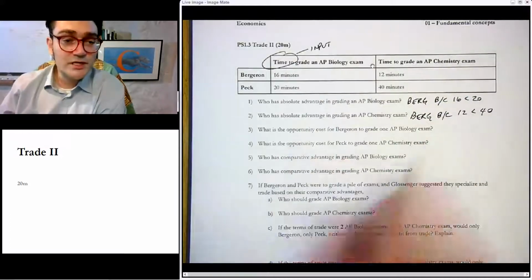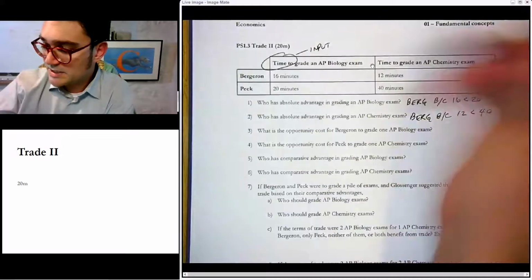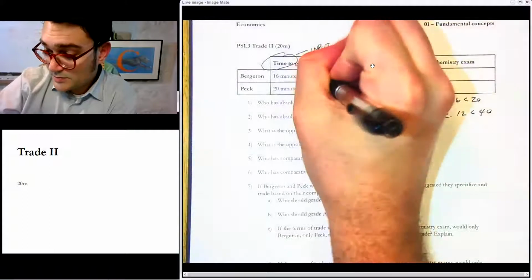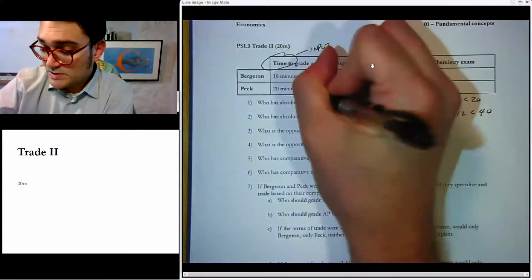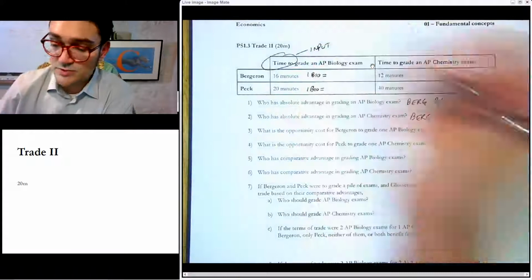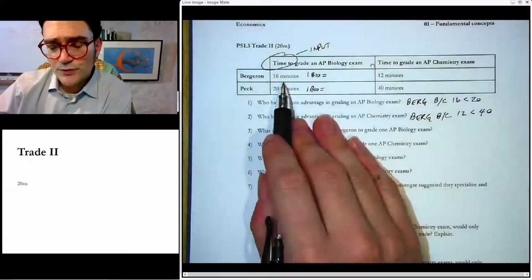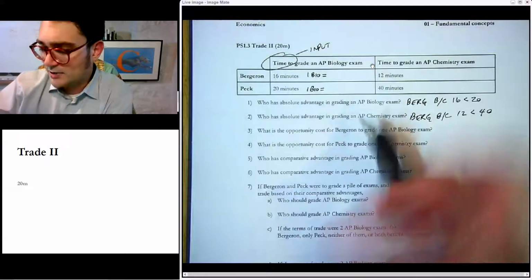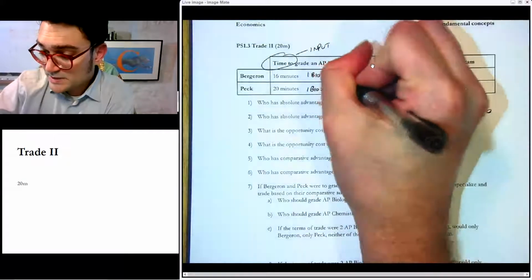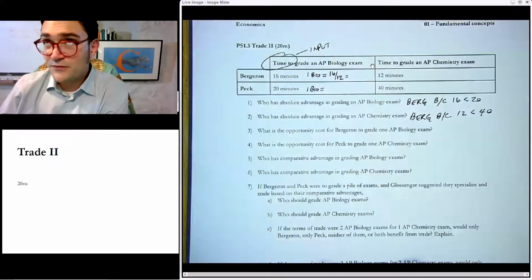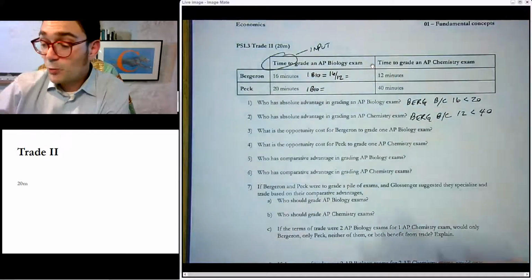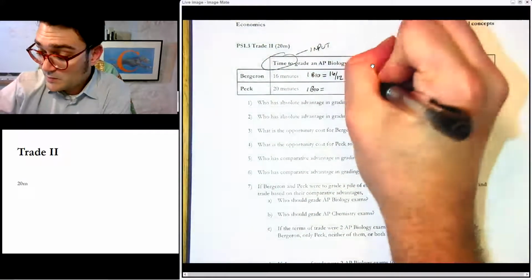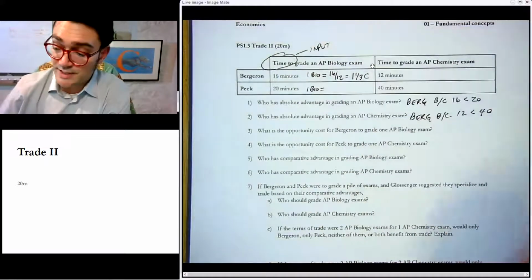Now, the opportunity cost, we're going to have to calculate these. So we'll say 1 bio is equal to, and we'll do the same here, 1 bio is equal to. And it's the inside number over this time. So 16 over 12, and that's 4/3. So that would be 1 1/3 of a chemistry exam.